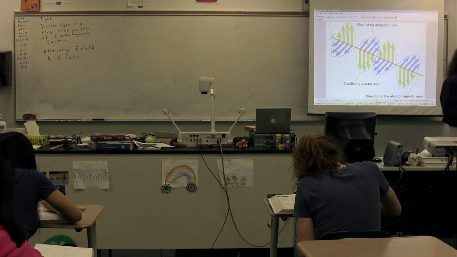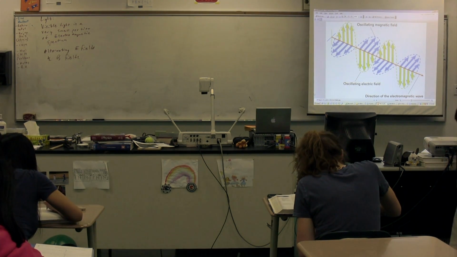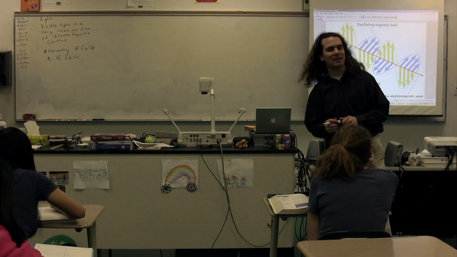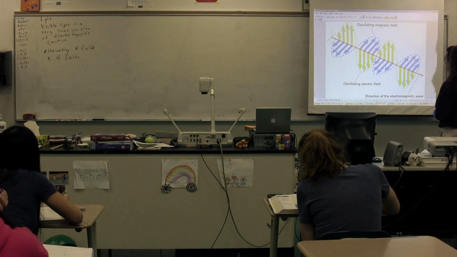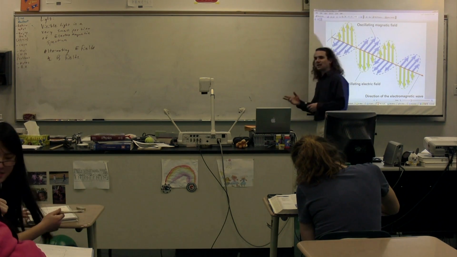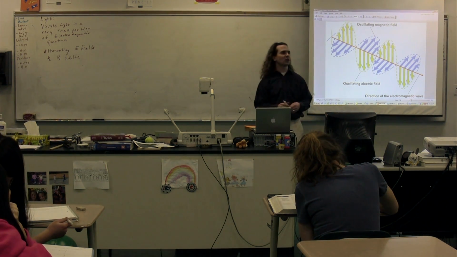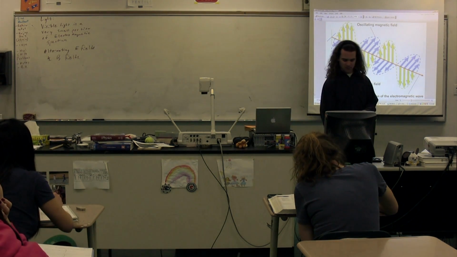Electromagnetic radiation is the only form of a wave that we know of that is a self-propagating wave. It does not need a medium to pass through. That's why it can pass through the vacuum of space, because we have an oscillating electric field which creates a changing magnetic field, and so on and so forth.